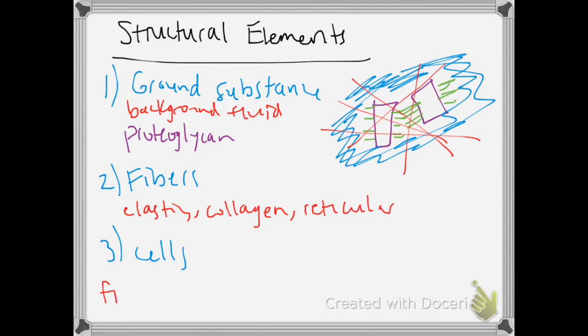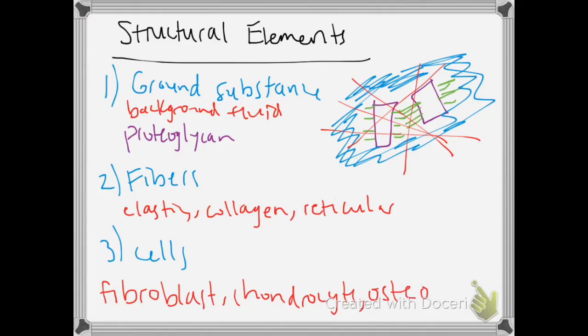Different types of cells. You might have a fibroblast if you're talking about producing some of these fibers, so fibroblasts. Or you might have a chondrocyte if you're trying to make cartilage. Chondrocyte. Or an osteoblast, that's a bone cell. Or osteocyte, we can just say that for now. Okay, so structural elements.